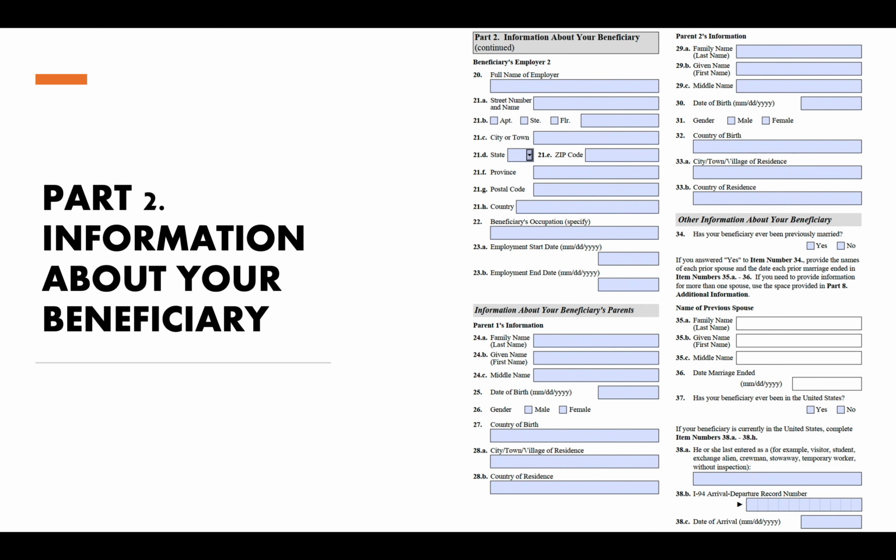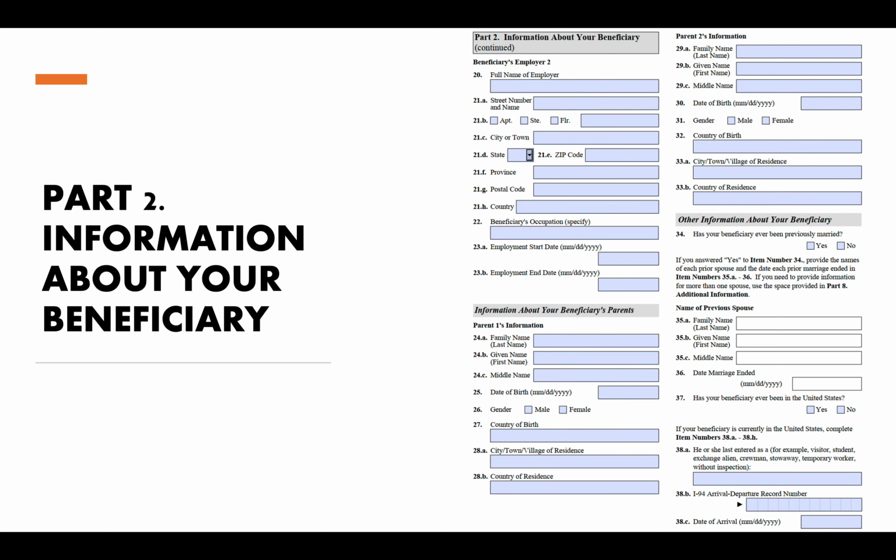If your beneficiary was admitted to the United States by CBP at an airport or seaport after April 30, 2013, he or she may have been issued an electronic Form I-94 by CBP instead of a paper Form I-94. So you may visit the CBP website at www.cbp.gov/I-94 to obtain a paper version of an electronic Form I-94.